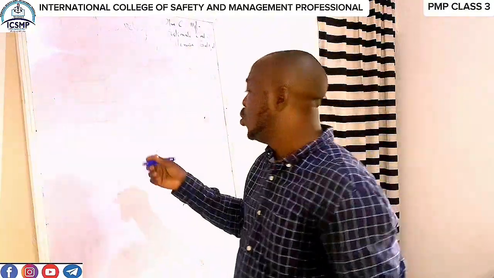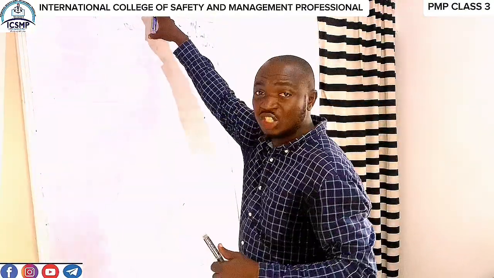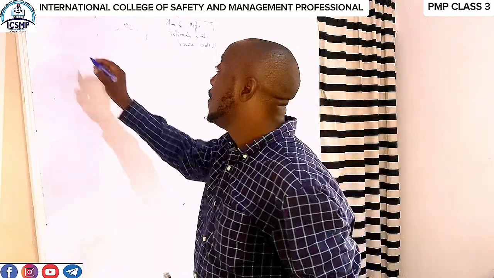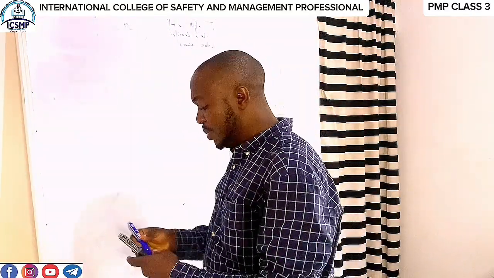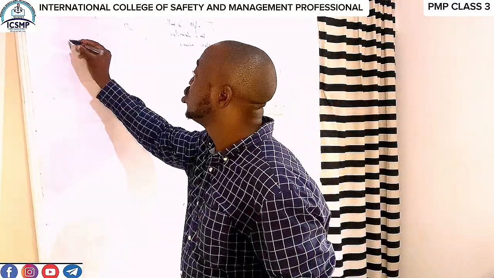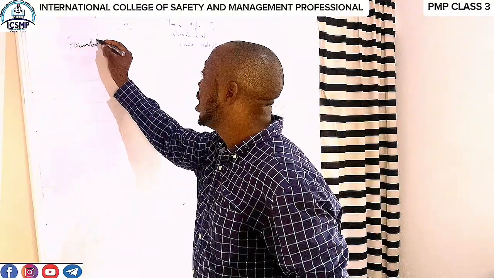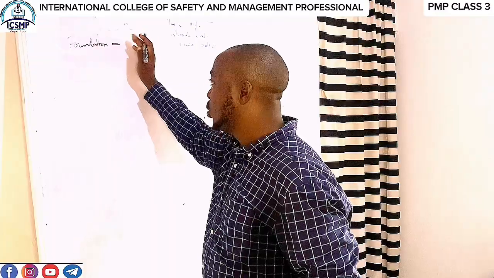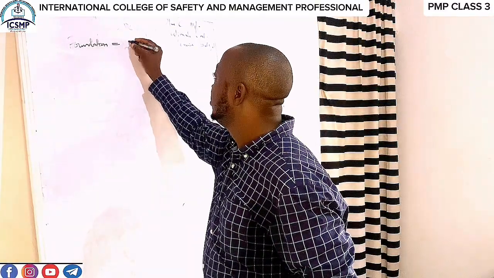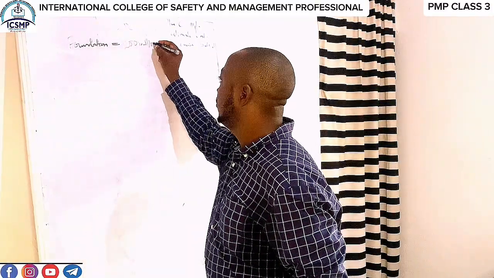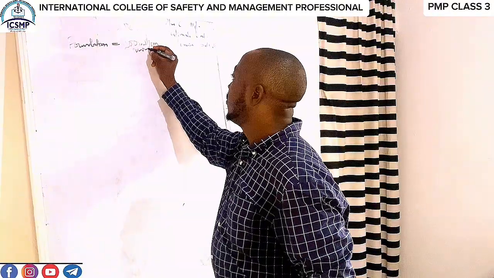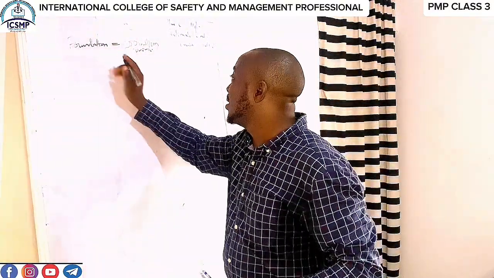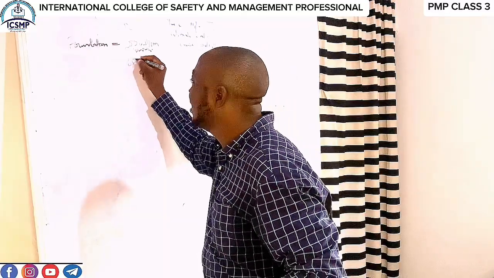Let's say, for example, our analogy is construction now, but it's not restricted to construction. Let's say we say by the time we complete foundation for this construction project, we should have achieved foundation at 200 million naira. And then when we have now completed foundation, we found out that we have spent 310 million naira.